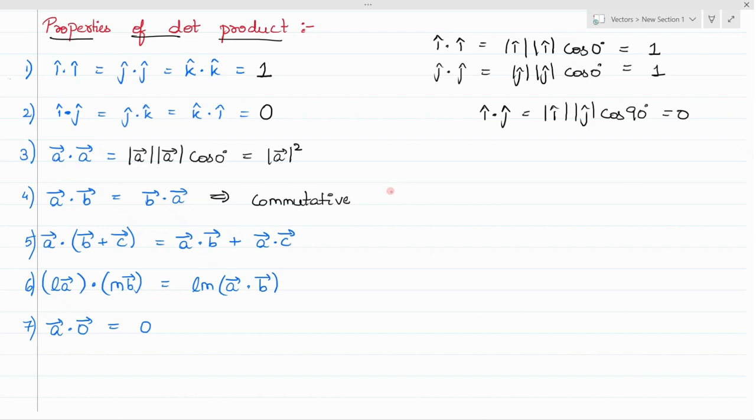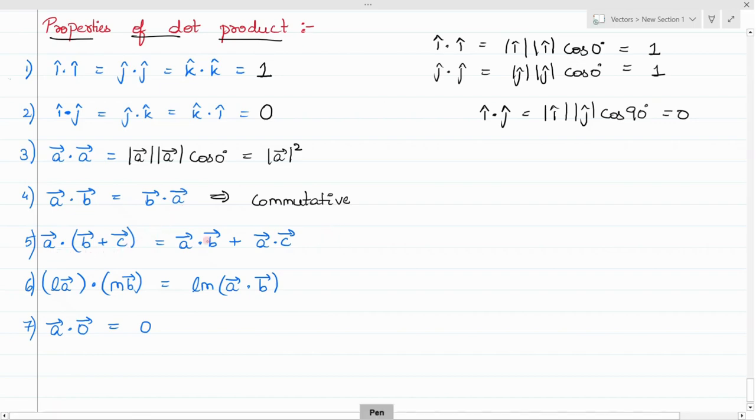Because I already told you that when you multiply two vectors using a dot operator, you will get the output as a scalar quantity. So when you multiply either a dot b or b dot a, they are equal because there is nothing to do with the direction over here.